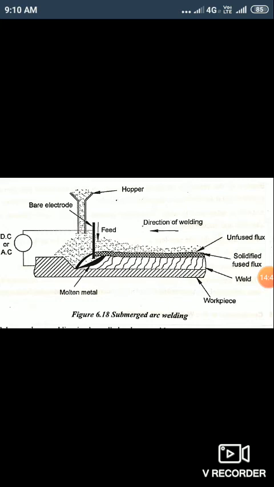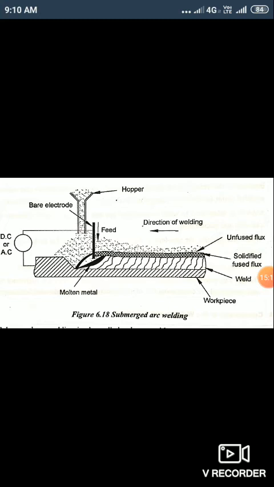Due to the heating, the flux also will be melted, and it will be conductive. So after cooling of this mix, a sound weld can be formed. The unfused flux can be collected and used again.